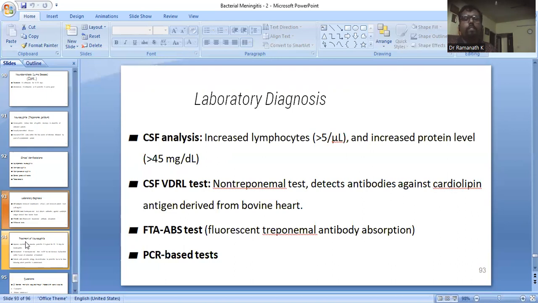VDRL test with the CSF is another laboratory test we can perform. It's a non-treponemal test that detects antibodies against the cardiolipin antigen derived from bovine heart. Fluorescent treponemal antibody absorption test can also be done to confirm neurosyphilis. PCR-based studies will give a prompt result for the diagnosis.